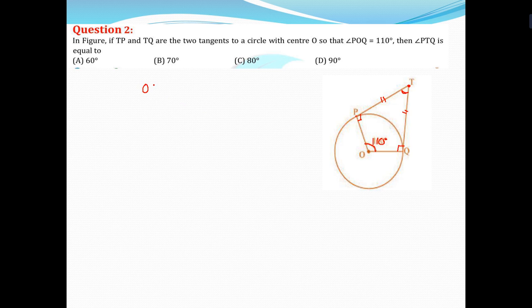O, P, T, Q is a quadrilateral. So we know that the sum of angles is equal to 360.